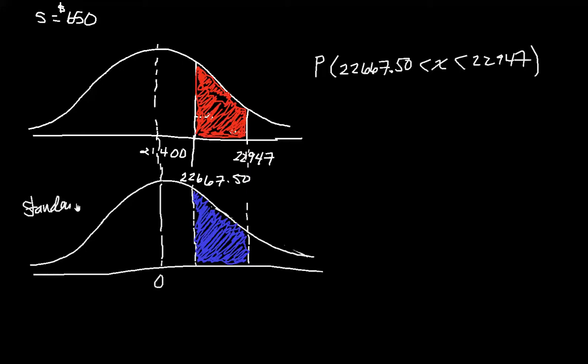That's standard, and this is non-standard. If I find the area of the blue region, which equates to the probability, I also find the area of the red region if I find the equivalent z-score that corresponds with 22,667.50 and 22,947. So there's a formula to find that. I'm looking for z1, and I'll call the other z2. I don't know what they are.